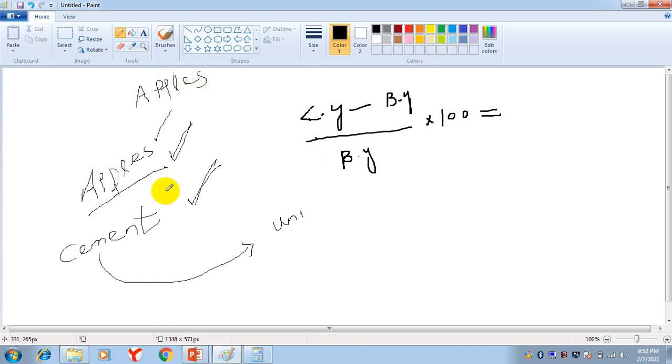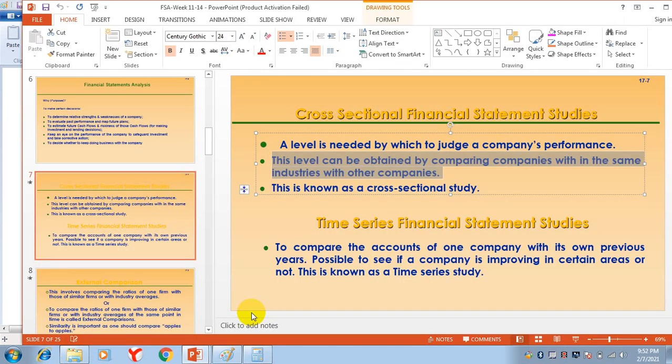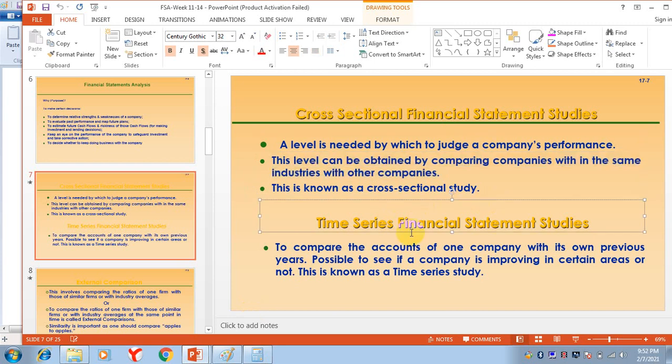So this is what we call cross-sectional analysis. This is known as a cross-sectional study, comparing your performance with other similar companies in the industry.